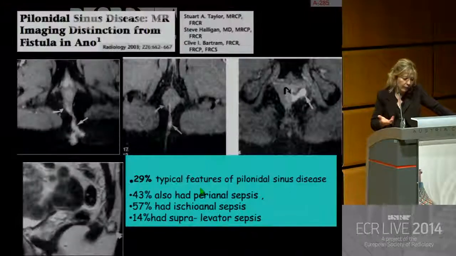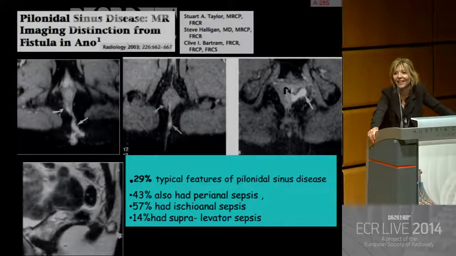But sometimes, as Steve Halligan and Stuart Taylor published, the disease may spread towards the anal canal, so mimicking exactly a perianal fistula.